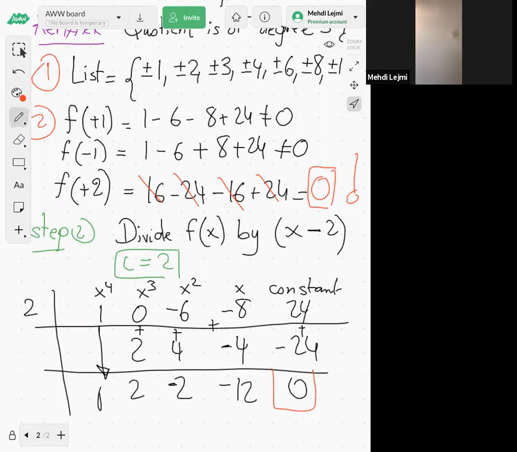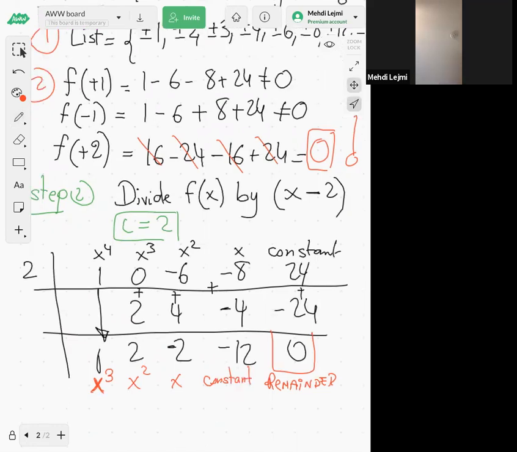All right, that's our remainder. And then the quotient is supposed to be 1 degree less, so it's x cubed, x squared, x, and a constant. So I guess, Kwame, in your answer, you forgot the 1, right? It's 1x cubed plus 2.